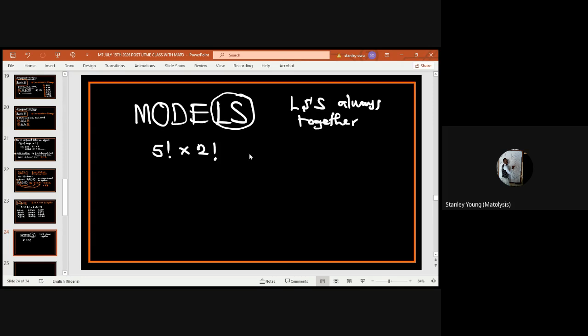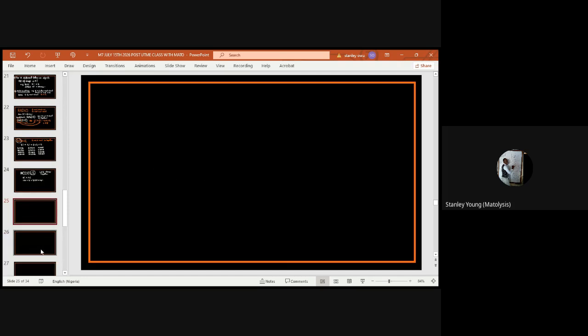I hope you understand that. 5 factorial is 120. 2 factorial is 2. So the answer is 240 ways of arranging the letters in the word models to have distinct, different words. Okay. Now let's look at another condition.